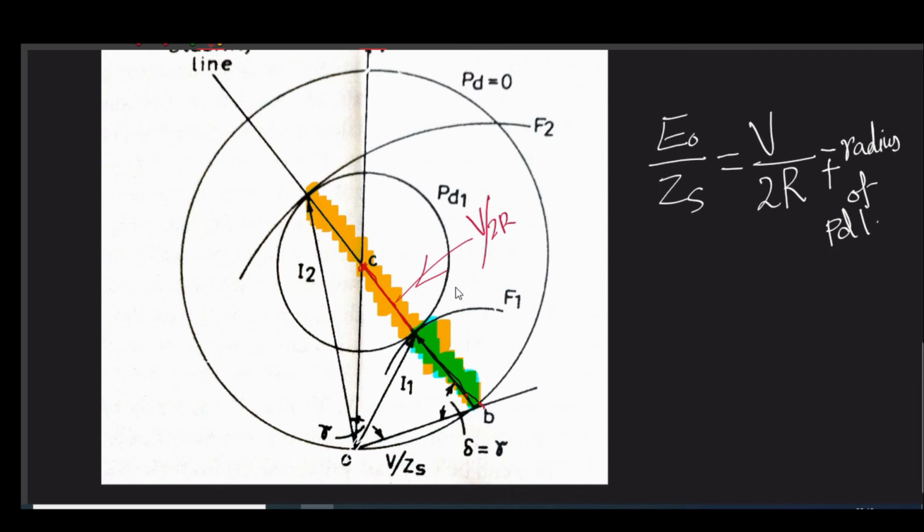We are writing this in the form of delta is equal to gamma, but what would happen if delta exceeds gamma? What physically does it imply? What does it mean that it's unstable? That we should investigate, and also we have to think about the O curve and V curve construction for salient pole machine.